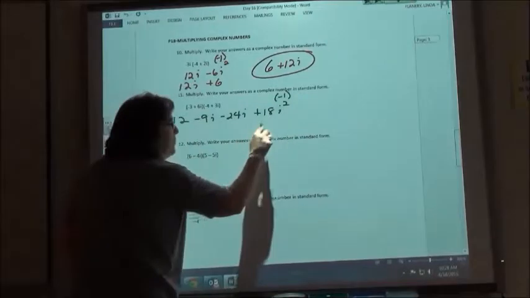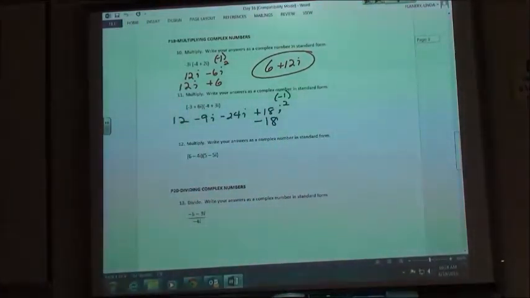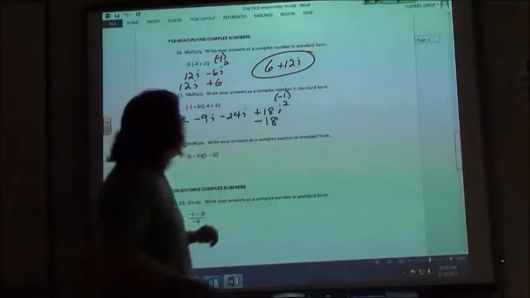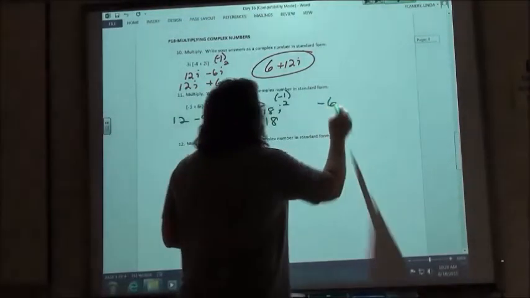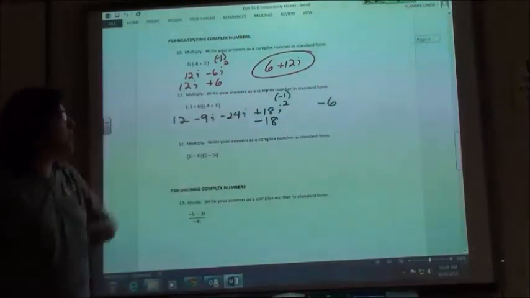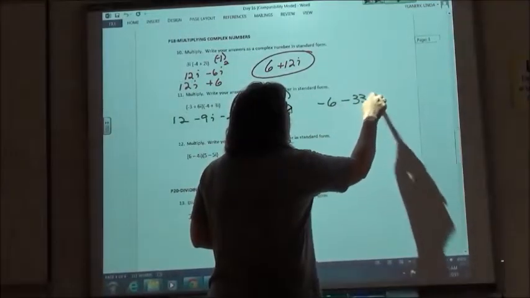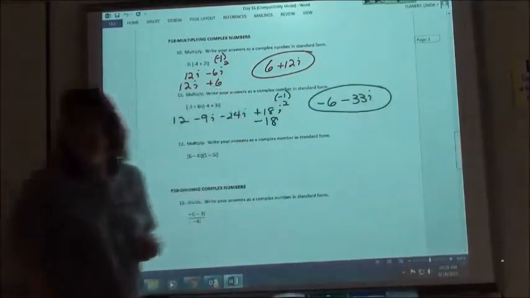Positive times a negative would just make that negative 18 then, and got rid of the imaginary part of that number. I'm then going to combine my like terms. Since they want it in standard form, I want to do my numbers first. 12 minus 18 is negative 6. Negative 9i minus 24i is minus 33i.